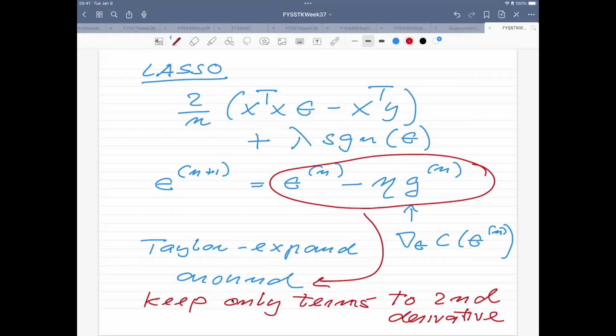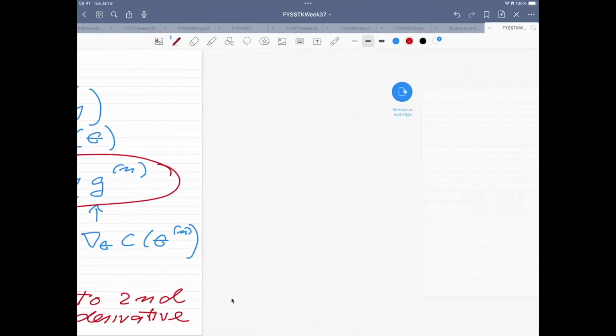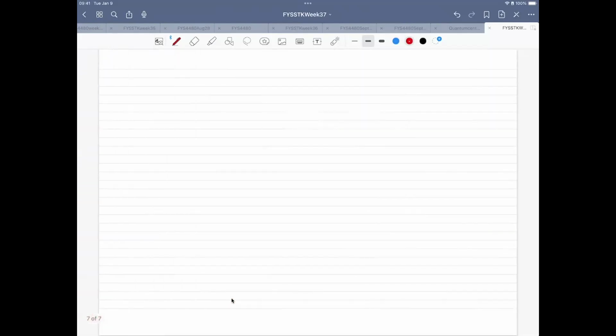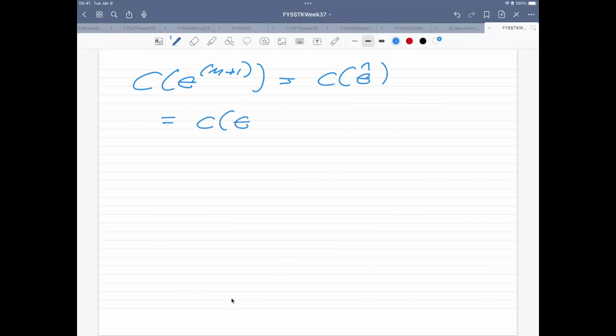Any questions so far? This is just a small addition to what we did last week. I'm going to write this in a more compact form here. So what we are going to get is C of theta, the optimal value, which we normally have labeled C of theta hat. So suppose it has converged. This is going to be equal to C of theta of n.